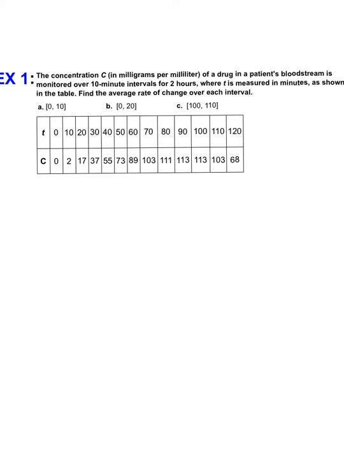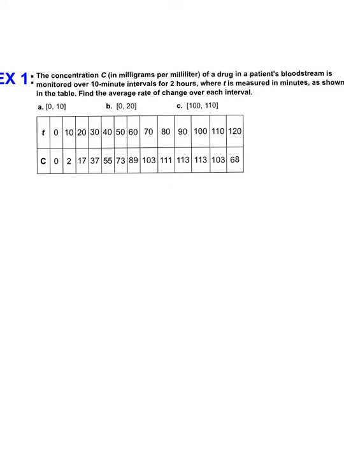So this particular problem talks about the concentration C, which is going to be our y value, in milligrams per milliliter of a drug in a patient's bloodstream, is monitored over a 10-minute interval for 2 hours, where t is your time in minutes, as shown in this table here. So we have various different times, so every 10 minutes we're taking account of the concentration of whatever this drug is in this person's blood system.